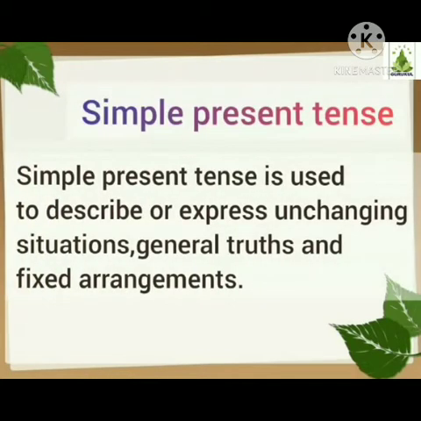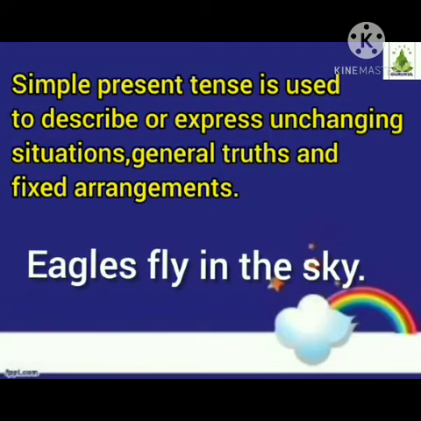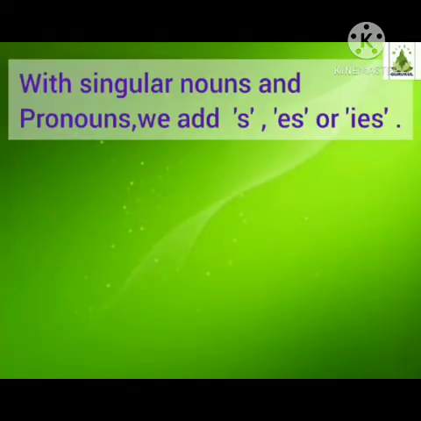Simple present tense is used to describe or express unchanging situations, general truths, and fixed arrangements. For example, eagles fly in the sky. In this sentence, fly is the verb which describes the habit of eagles. With singular nouns or pronouns, we add s, es or ies to the base form of the verb to indicate simple present tense.